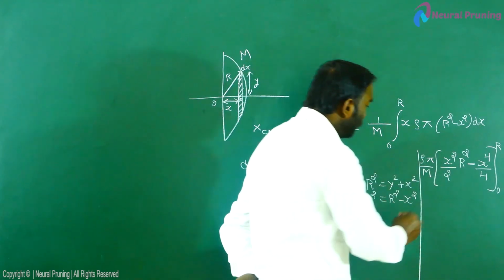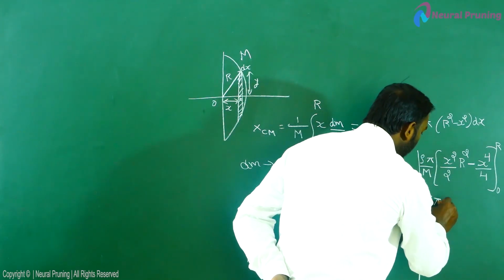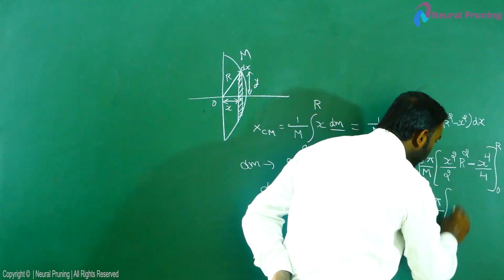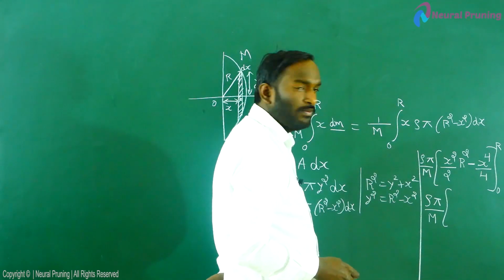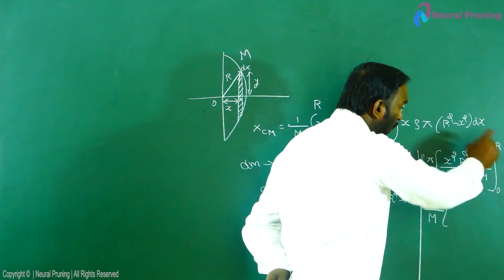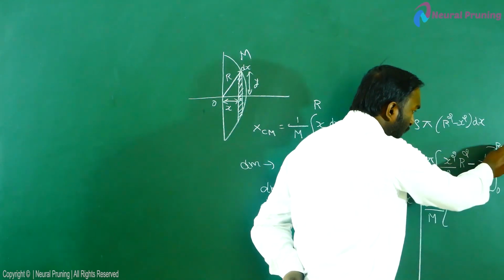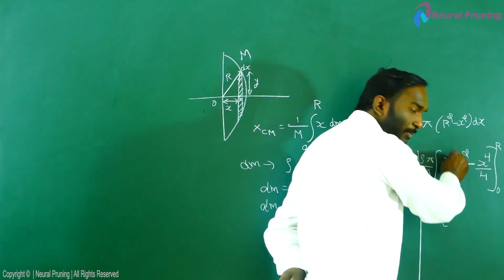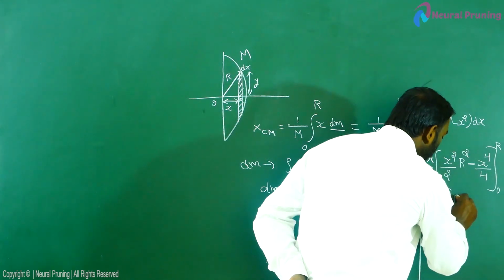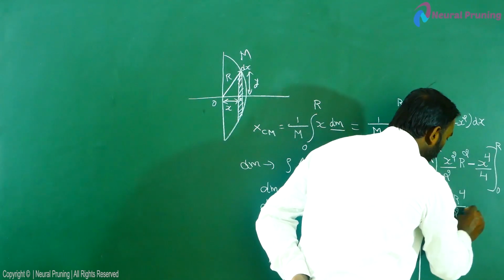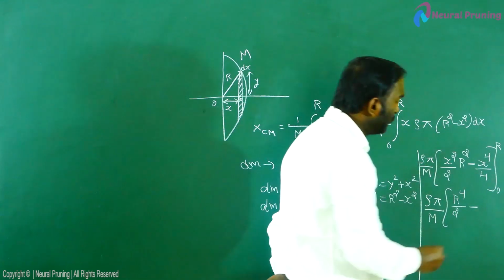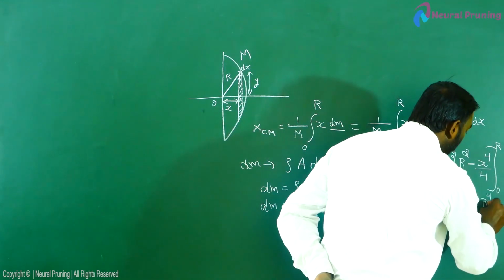Substitute the values. Rho pi by M into, what is the upper limit here? R. x square R square by 2. If we substitute the value of the upper limit, it will be R to the power 4 by 2 minus R to the power 4 by 4.